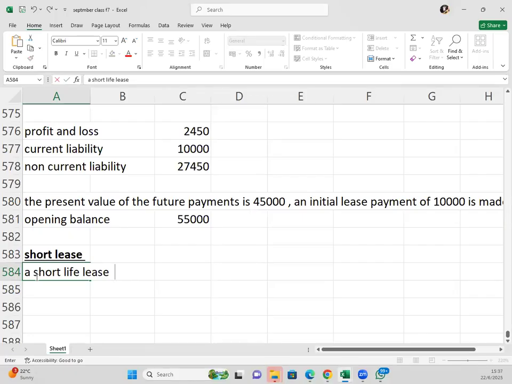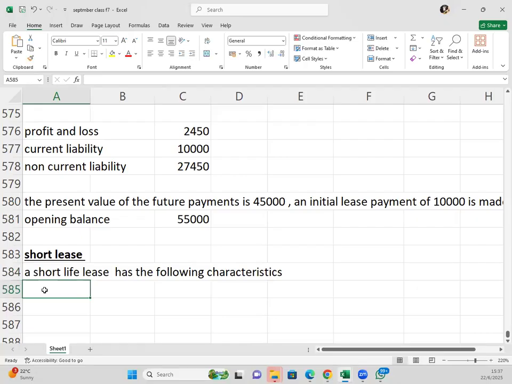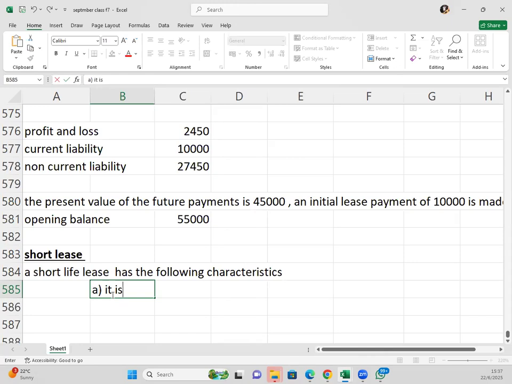For us to say this is a short lease, it has the following characteristics. Number one, a short lease can be seen by the period. It is given for a period of less than 12 months. So you're using the asset for a period of less than 12 months.